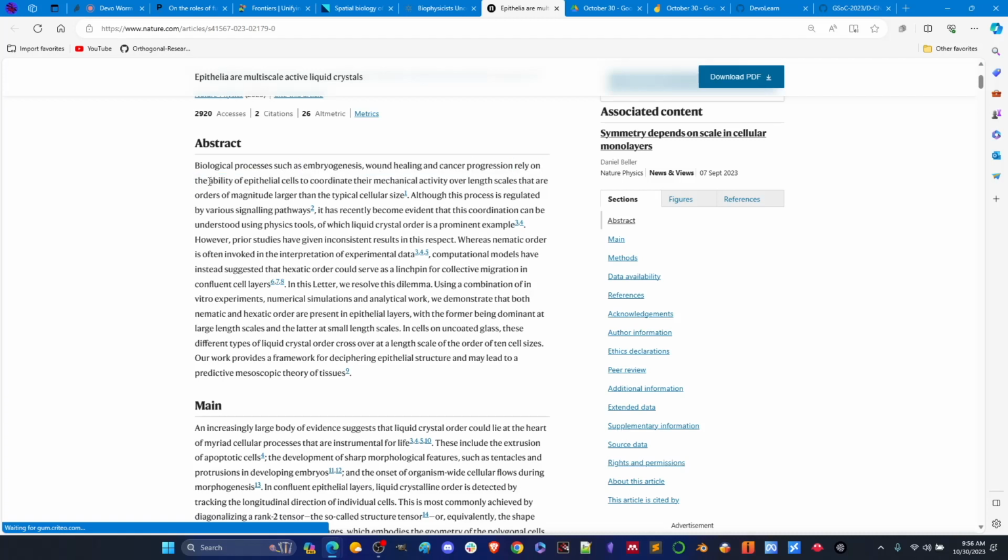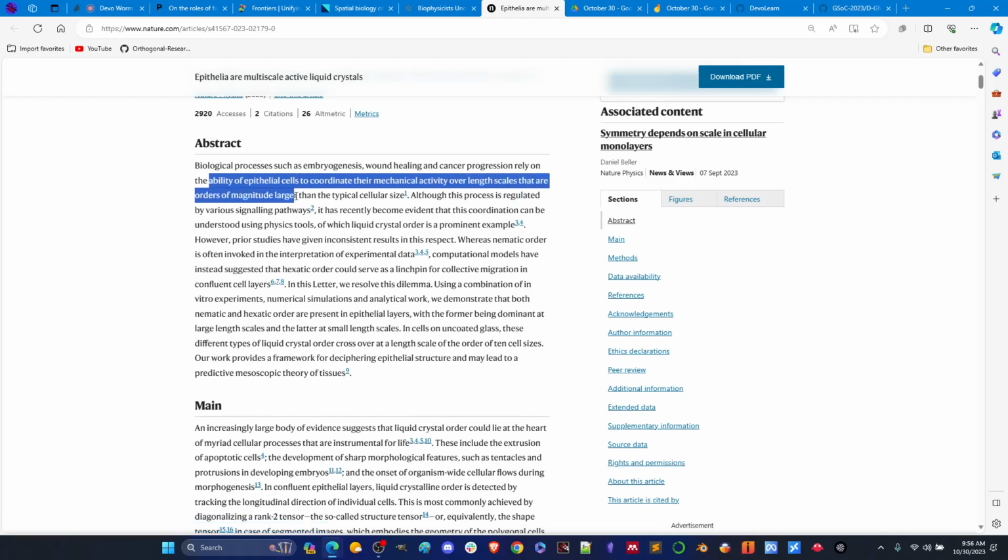They rely on the ability of epithelial cells to coordinate their mechanical activity over length scales that are orders of magnitude larger than the typical cellular size. It summarizes it for me, but it doesn't say whether the top moves differently than the bottom of the cell.